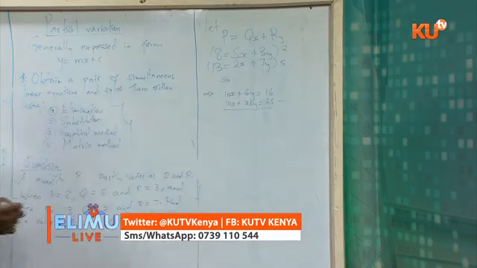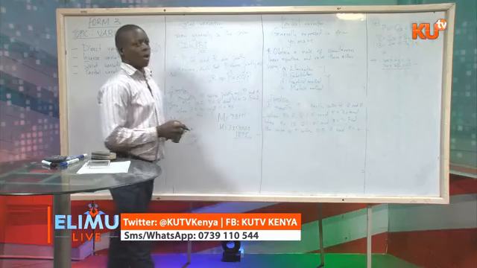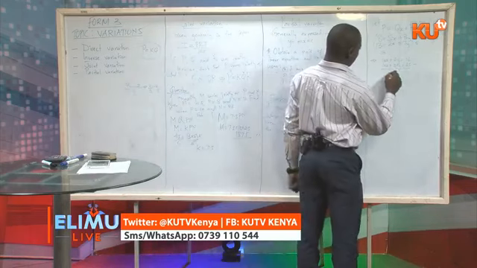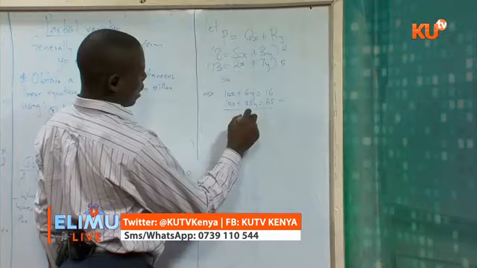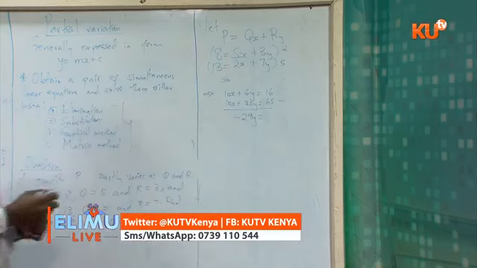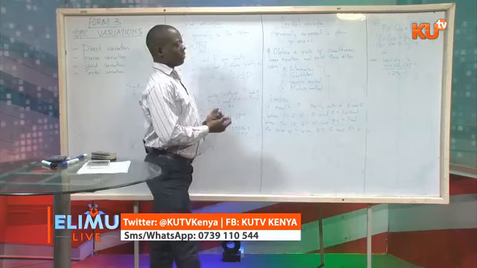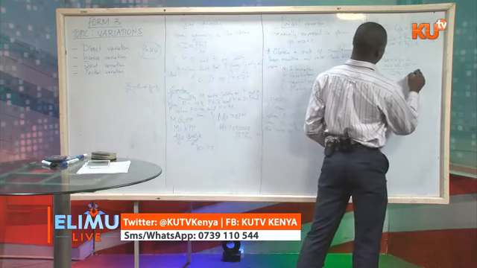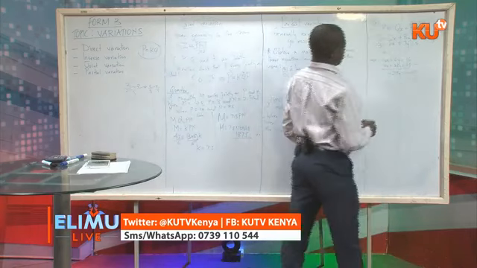Then get the difference: 6Y minus 35Y is negative 29Y, and 16 minus 65 is negative 49.